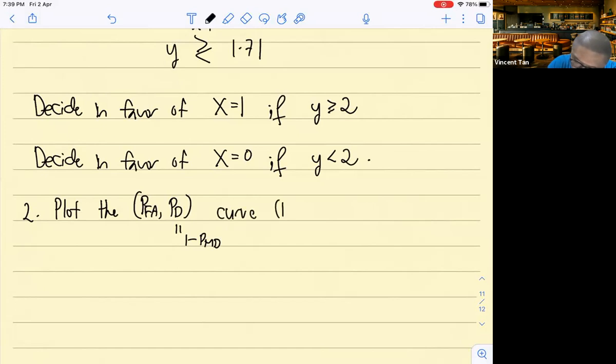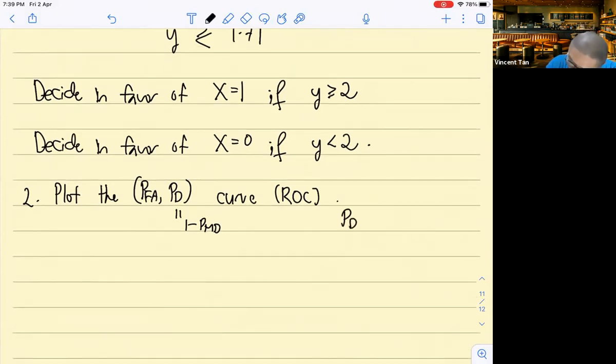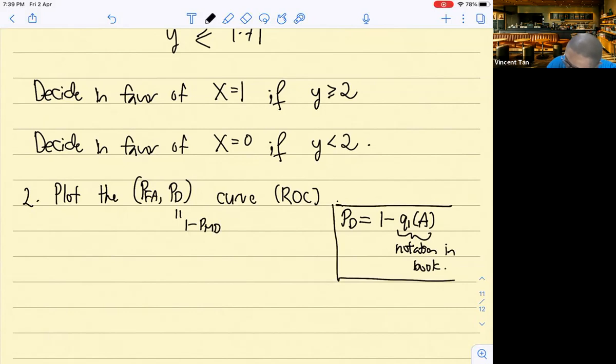This is called the ROC curve. This is more important. PD is 1 minus PMD, so in particular PD is equal to 1 minus Q1A, where this is the notation in the book that I think no one else uses. So maybe I should write my own book.